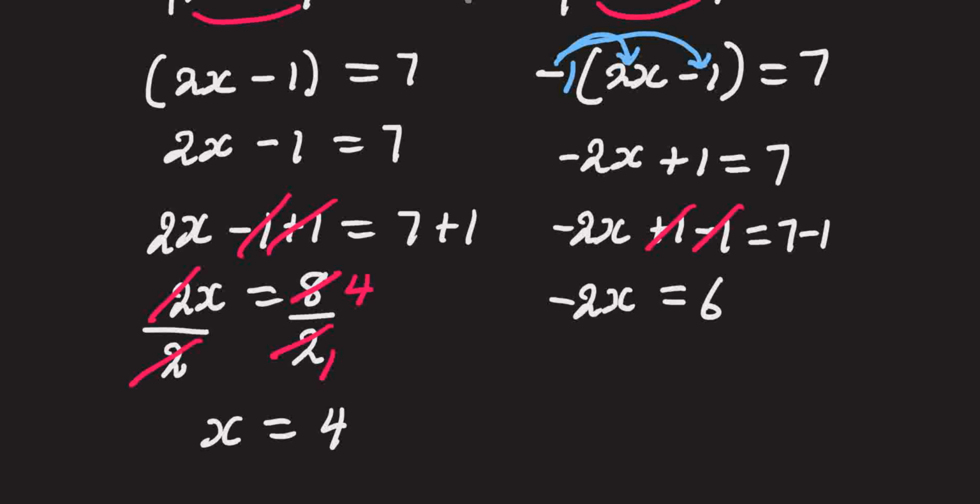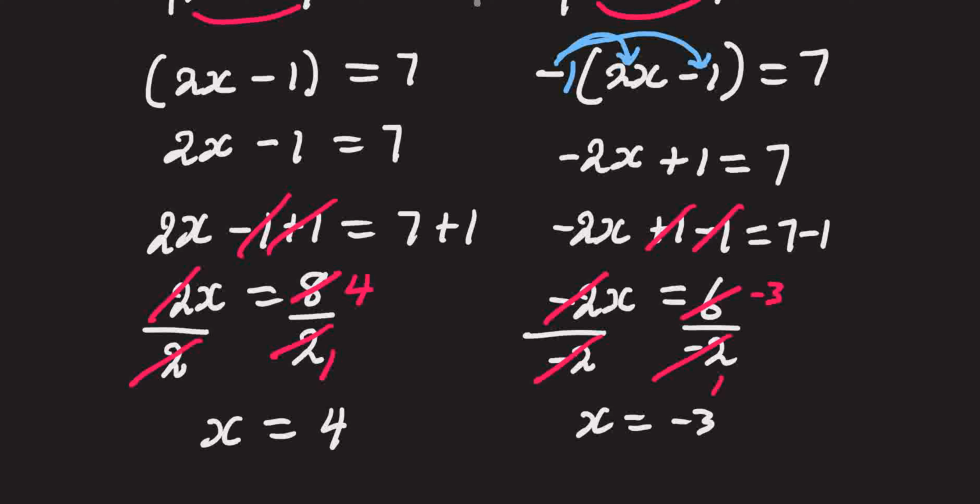That gives you 6. So simply divide both sides by negative 2. Negative 2 is going to cancel negative 2 from here. And negative 2 divided by negative 2 is 1. 6 divided by negative 2 is negative 3. Therefore, x is equal to negative 3.